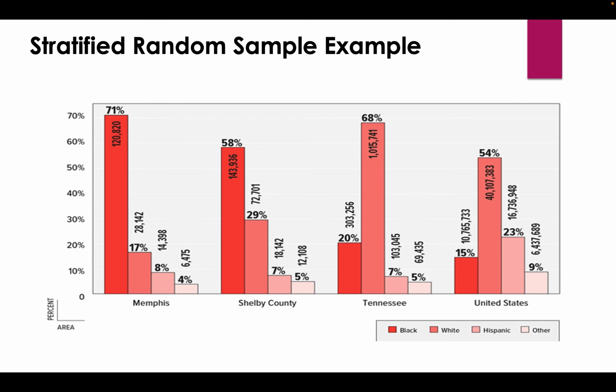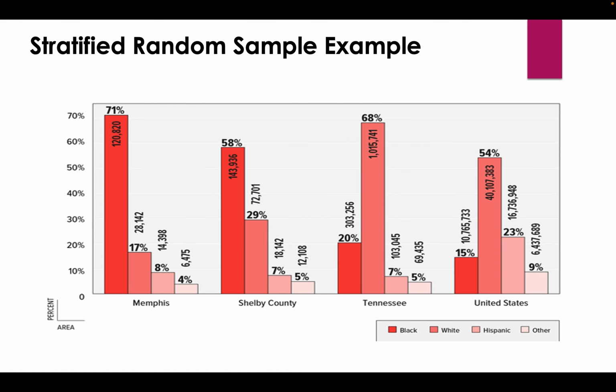So here's a stratified random sample example. So as you can see, we have different breakdowns of Memphis, Shelby County, Tennessee, and the United States. And these are different races that are representative by the colors in the bars. And within the United States, compared to Memphis, we see that the race of Black is a lot more prominent, right?